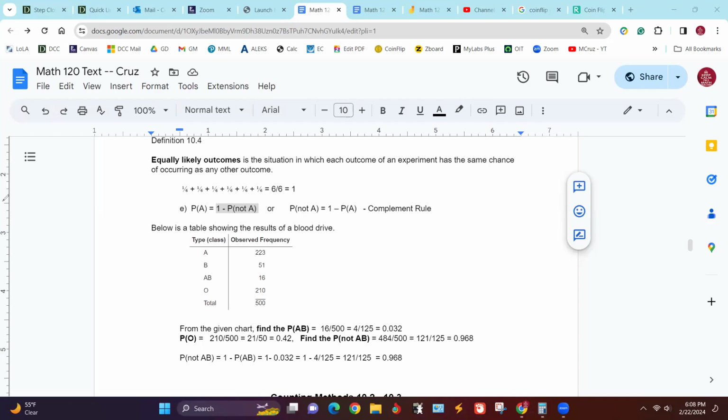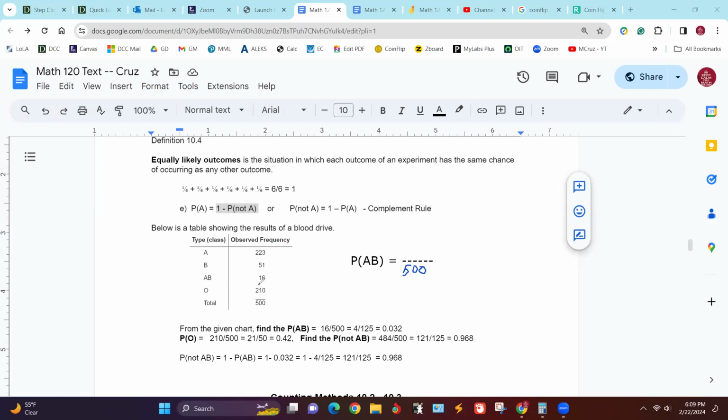So let's do it with this. I've already done it down there, but I want to do it so we can see a little bit better. What we're going to do is in the denominator, we're going to have 500 because that's the total number in our set. All right.